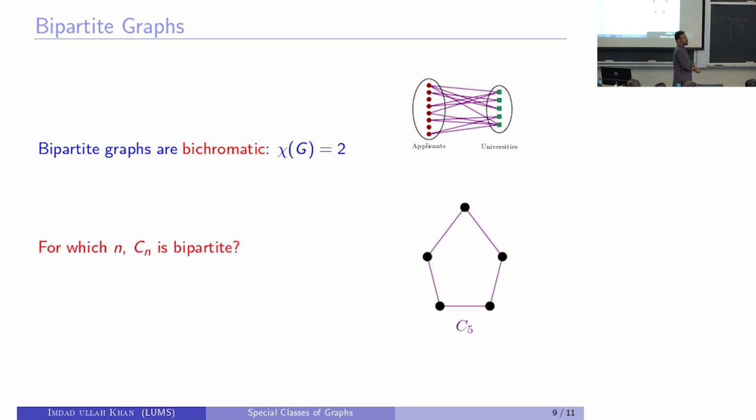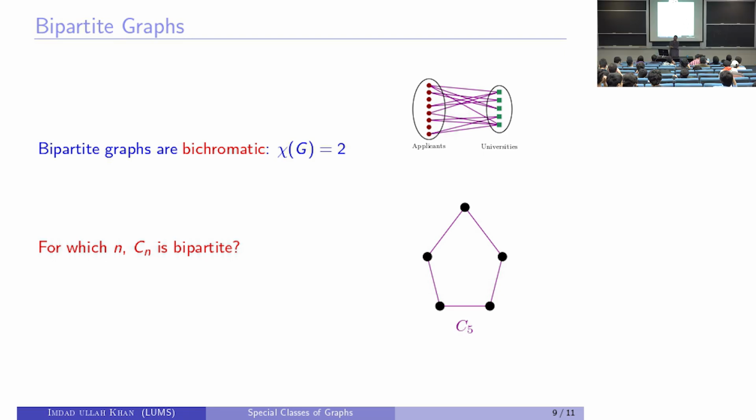Okay? So for which n should we be able to color Cn bipartite? What property of n? What predicate? If n is even, then we should be able to color Cn with the two colors, right? All the even index vertices should be colored red, and all the odd index vertices should be colored blue or green.